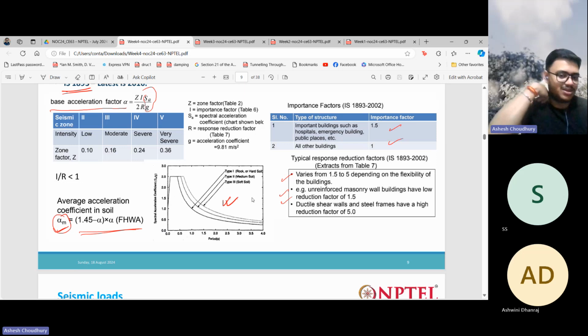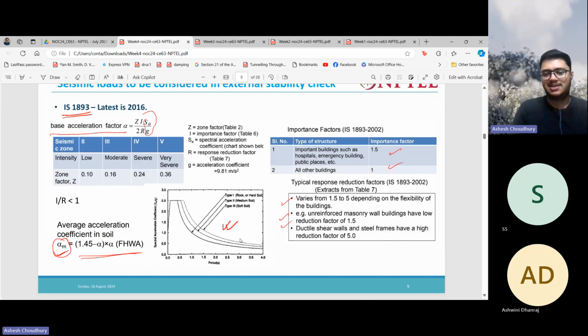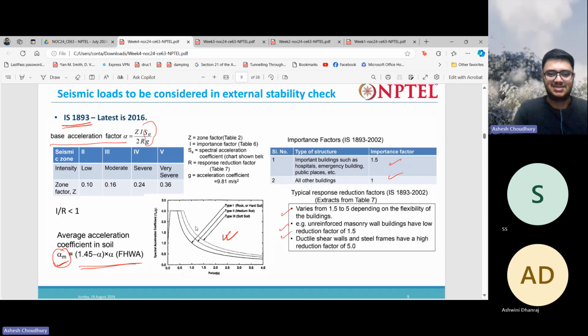But if you have done it, well and good. If you have passed your bachelor's degree, you should have used IS 1893 while designing the RCC structure. If not, it's really sad actually.